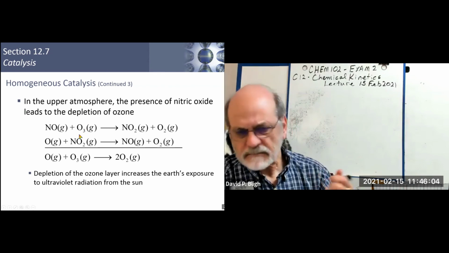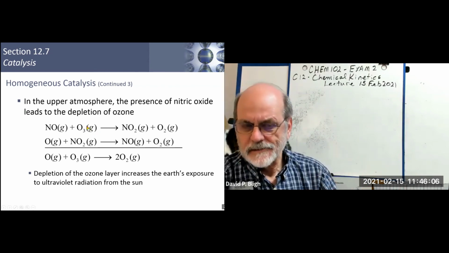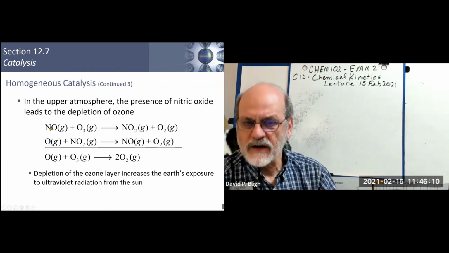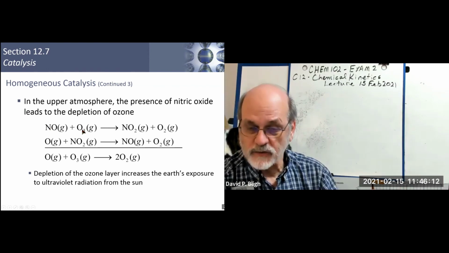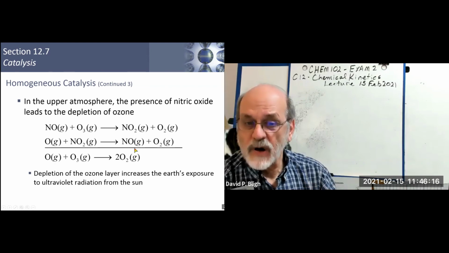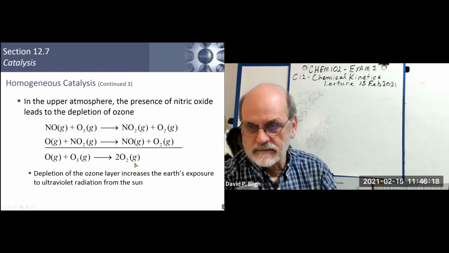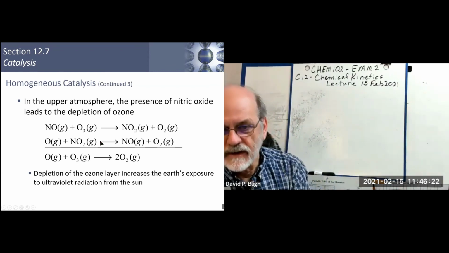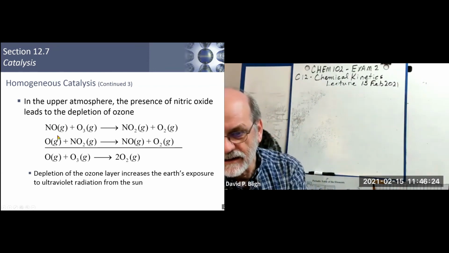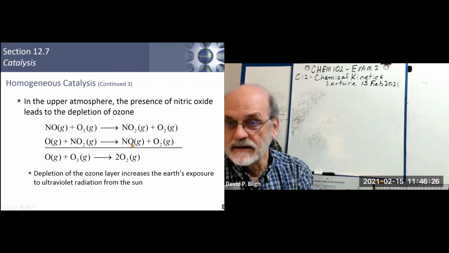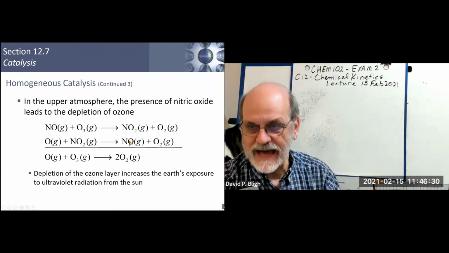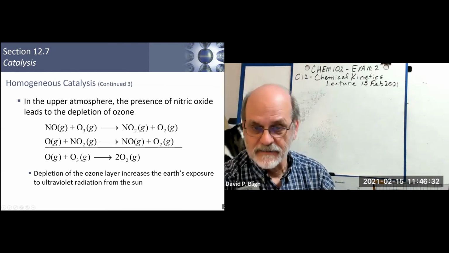But in the process of this movement of this nitrogen monoxide into the upper atmosphere, it reacts with ozone, and by this two-step process, decomposes the ozone back to oxygen. Right? And notice that it went in this side and it came out that side. That's a catalyst. It's a homogeneous catalyst in the gas phase.